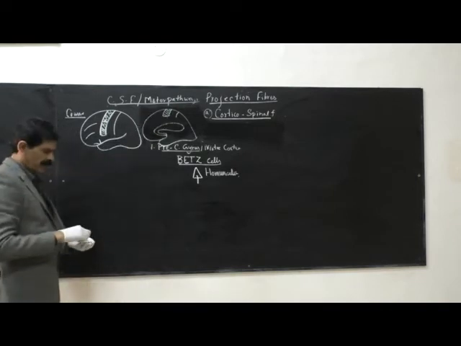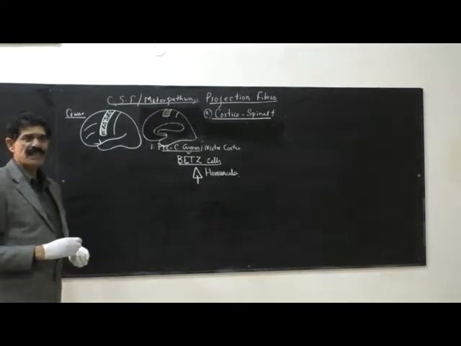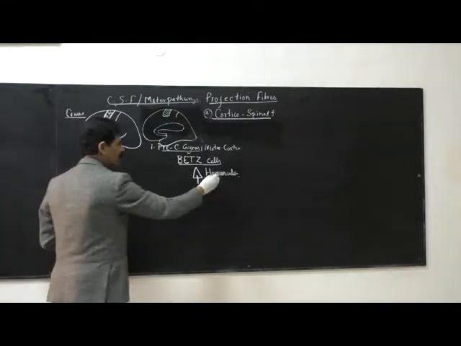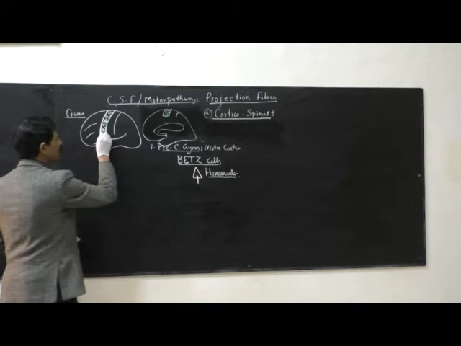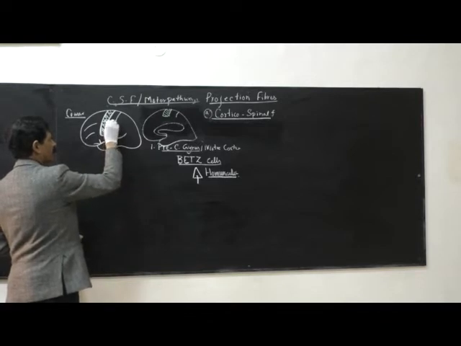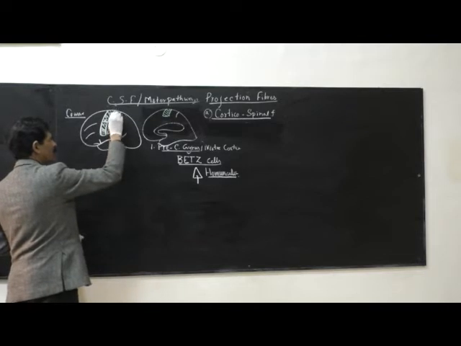And the sequence of the muscles represented by this homunculus area is upside down. So first of all, this area is of the face, then the neck, then upper limb, then thorax, then abdomen, and then the thigh of the lower limb.